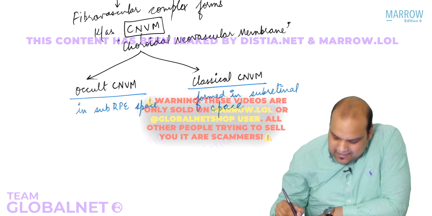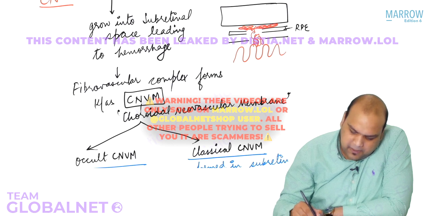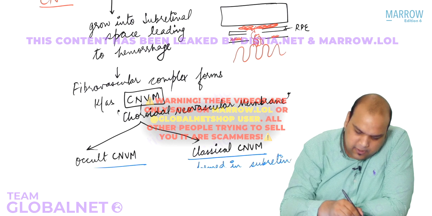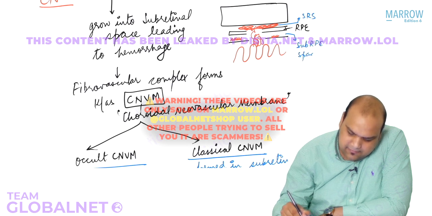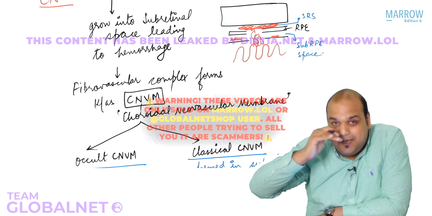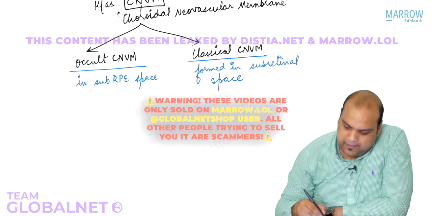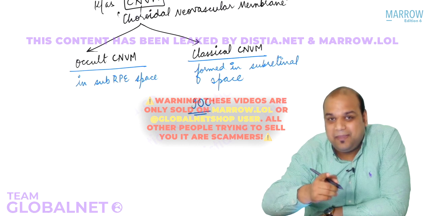Very easy. See, the main hemorrhage is occurring in the subretinal space. But because everything is now continuous, some of the hemorrhage is occurring here also. So, can I say this is subretinal space, but this is sub-RPE space? So, depending on the location of the membrane, we are calling it classical or occult. Now, why is this important? If I ask you what is the investigation of choice of classical CNVM, think about it.